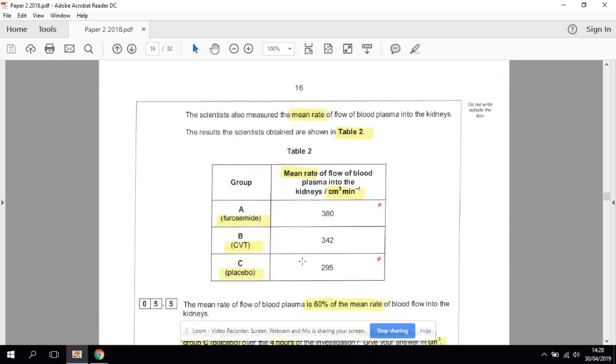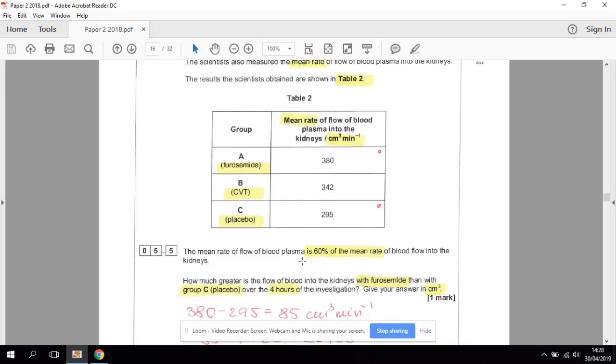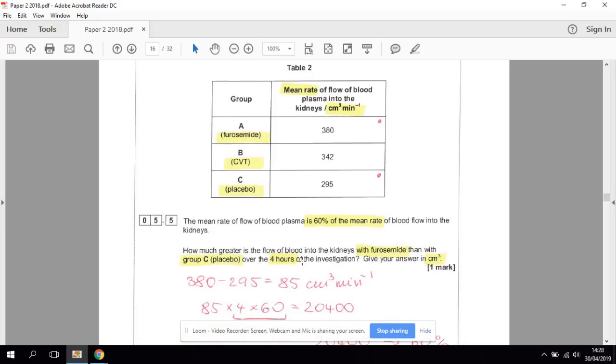Right, so again we've got the table with the information here, the mean rate of flow of blood plasma into the kidney. And we need to be looking at the maths question again. So the mean rate of flow of blood plasma is 60% of the mean rate of blood flow into the kidney.